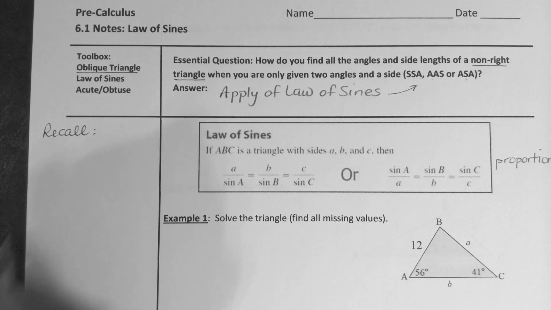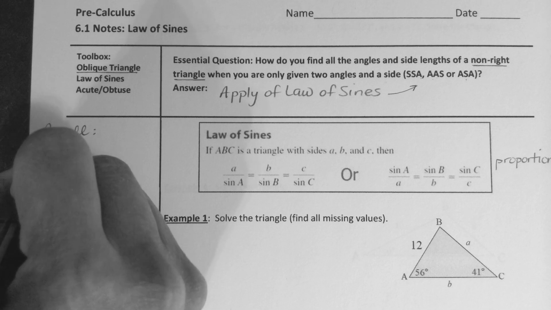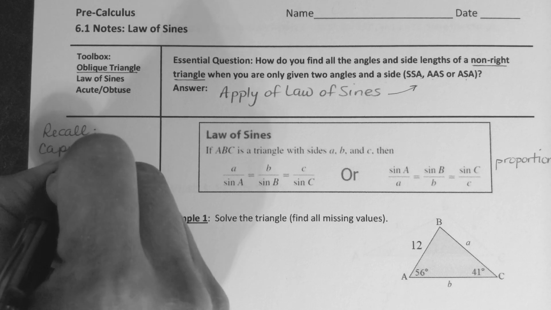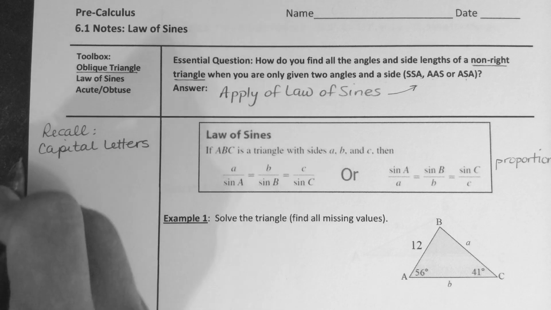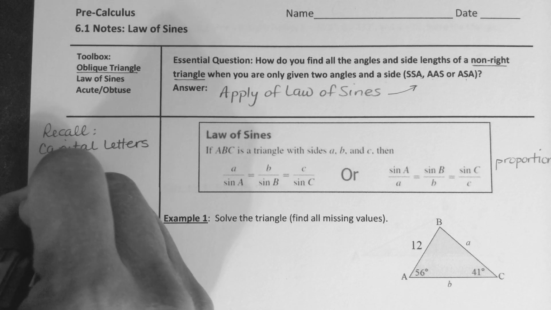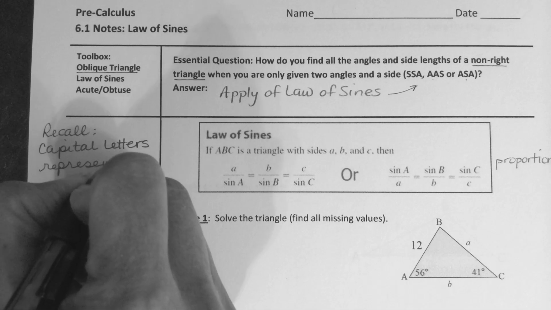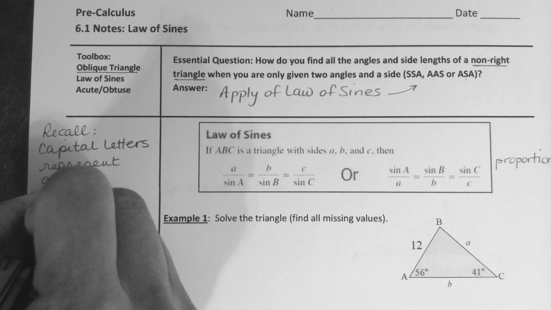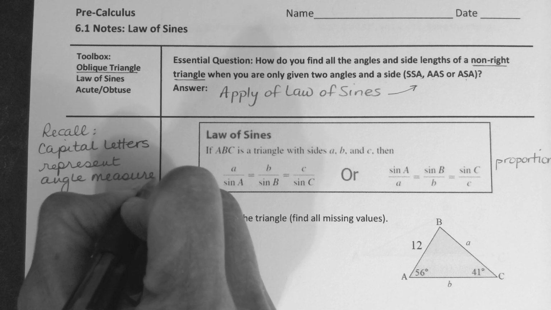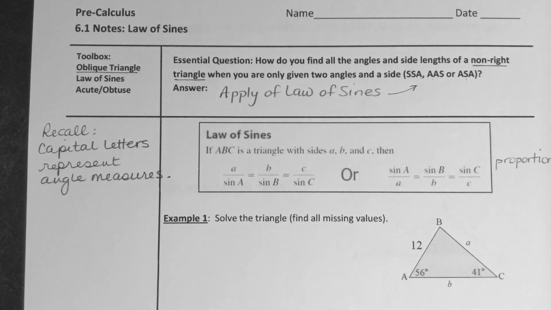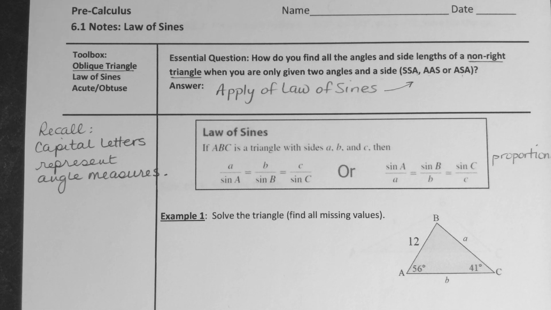Capital letters represent angle measures. And for our chapter, our angle measures are going to be measured in degrees, so there's no need to be concerned about using radians.